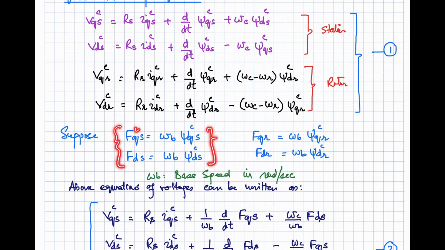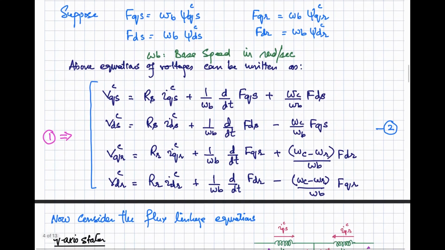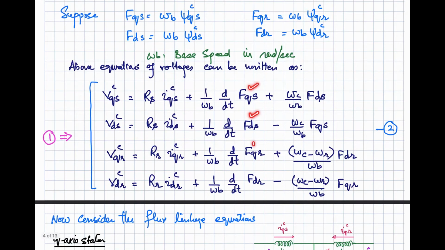We have supposed that FQS is equal to omega B into phi QS, and all of these flux linkages are multiplied by omega B to get F. Okay, so we are going to write all of these four equations in this form: FQS, FDS, FQR, and FDR.